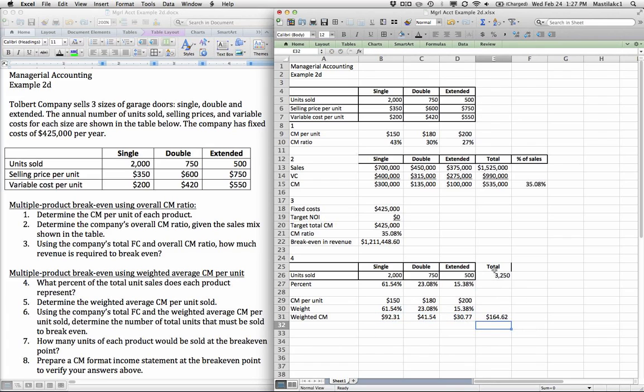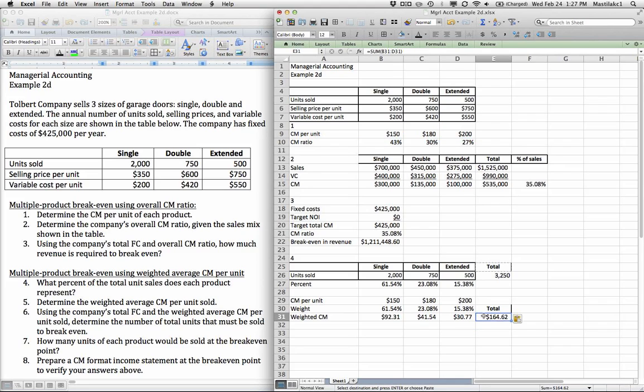And so what this sort of says, it's a bit of a hypothetical number, but what this means is on average the units that we sell have a contribution margin of $164.62. Now, none of the individual units that we sell makes exactly that much contribution margin.